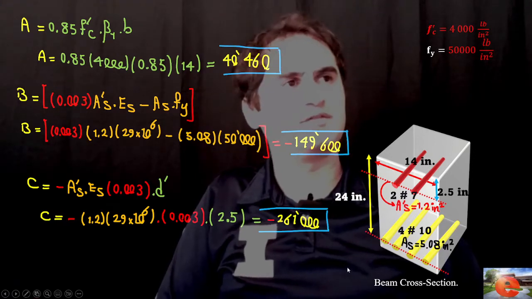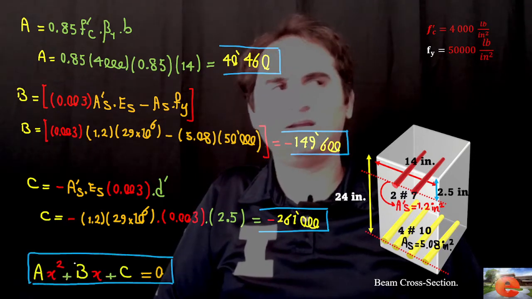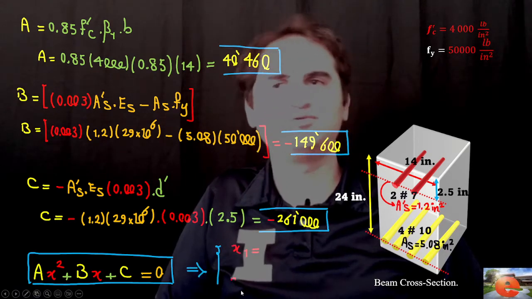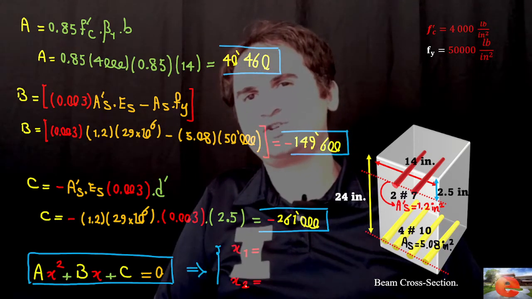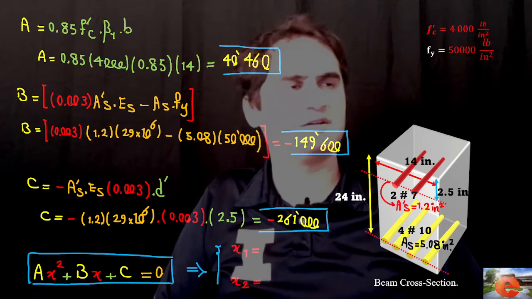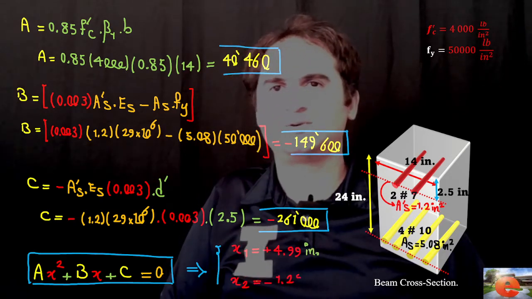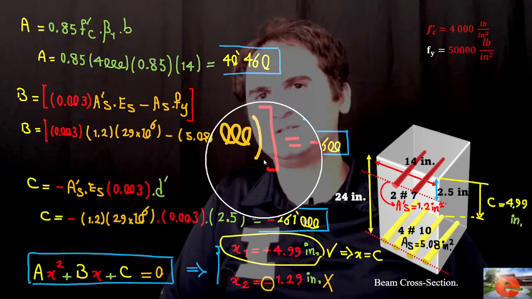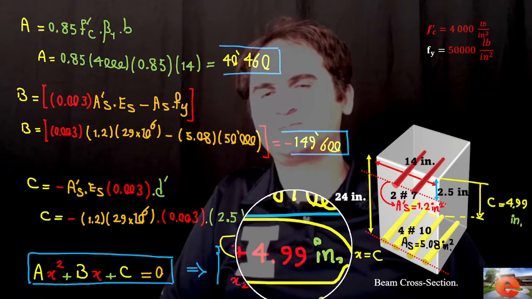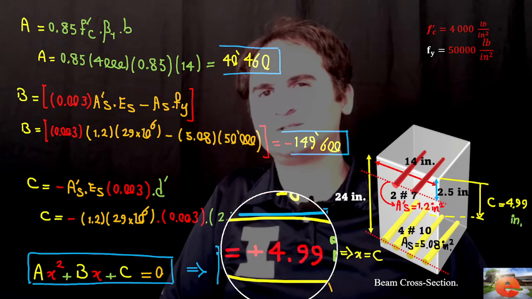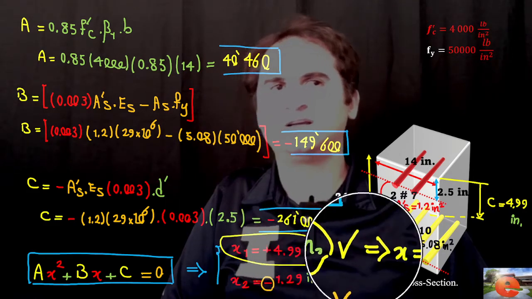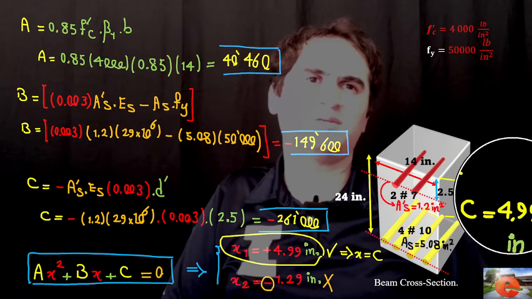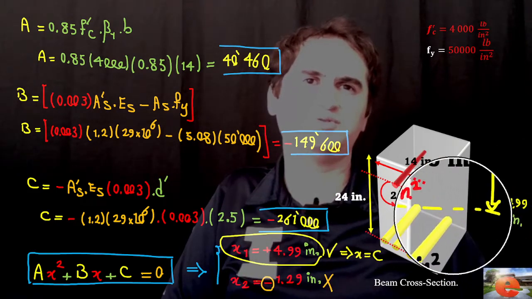Replacing them in ax squared plus bx plus c equal to 0 gives us two roots of the second-degree equation. The positive is our answer and the negative can be ignored. The negative root is discarded and the positive root x1 is 4.99 inches, which is exactly the location of the centroid from the top of the section.